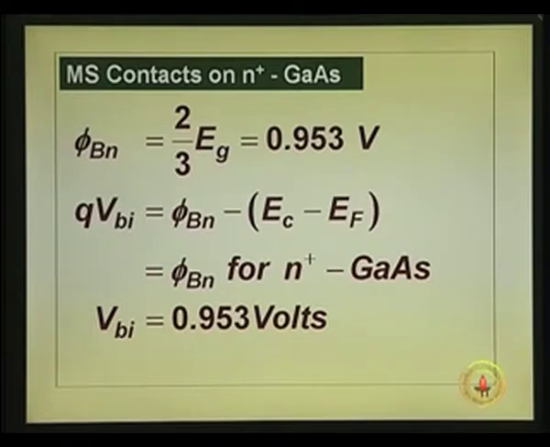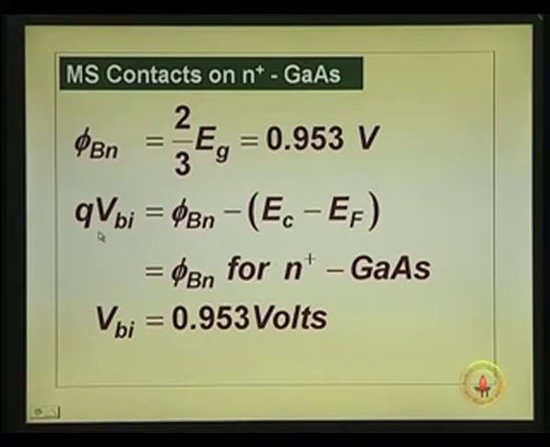To illustrate it further, I have shown here phi B n and written the values corresponding to that. For example, here phi B n is 2/3 of E g, which is equal to 0.953.